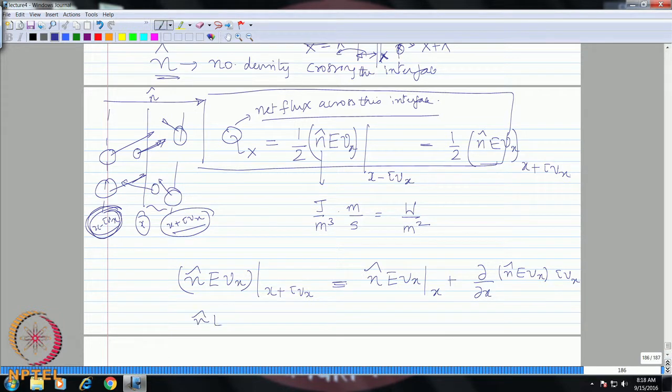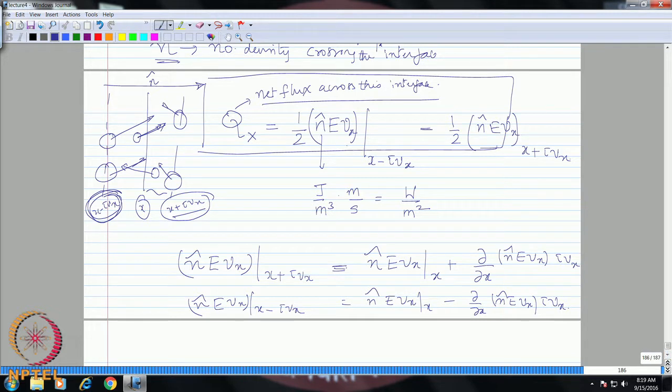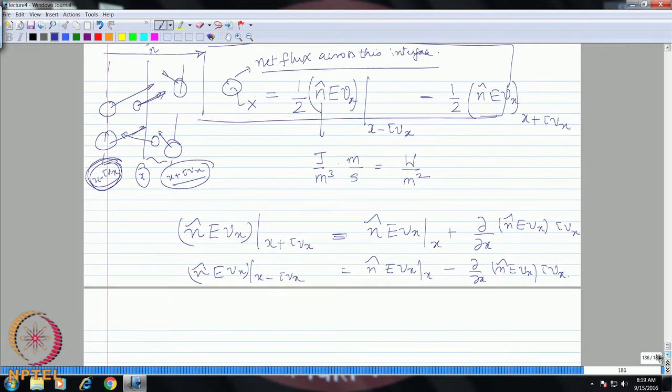Similarly, n E Vx at x minus the same term, right. So, therefore, can you please calculate this net flux from this Taylor series?